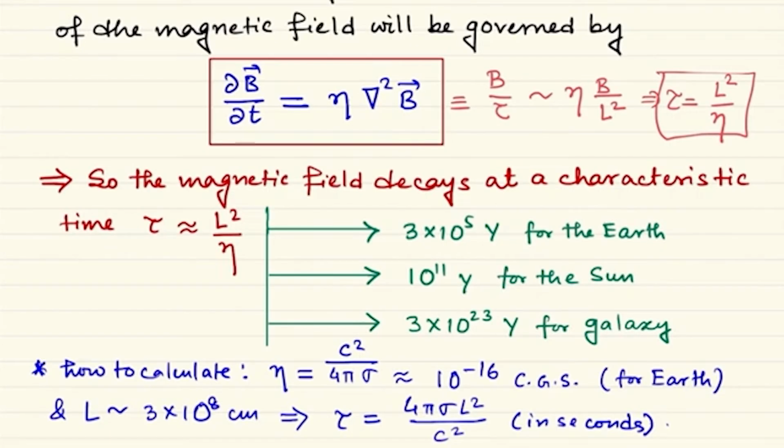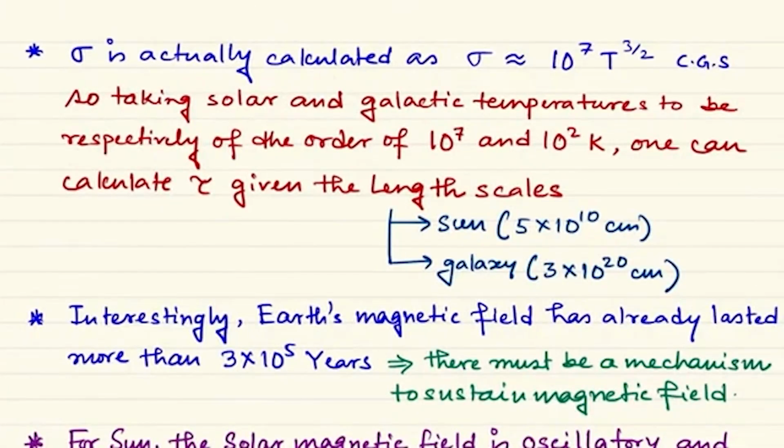So if you know the conductivity in CGS units, then eta, or the diffusivity, will simply be equal to c squared by 4 pi times the conductivity. And this conductivity can be calculated, in CGS, as 10 to the power 7 times the temperature to the power 3 by 2 of that medium.